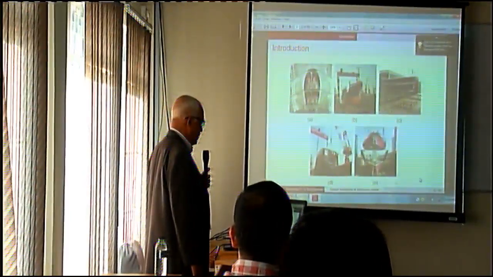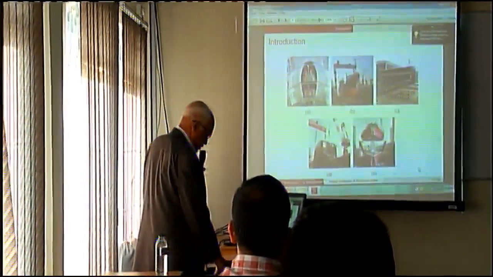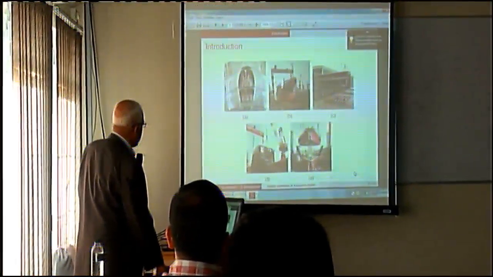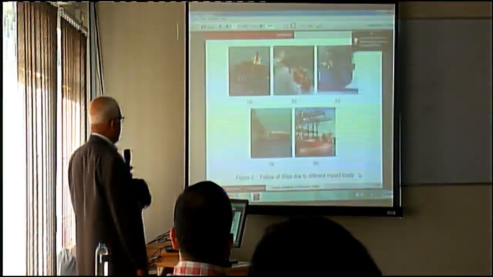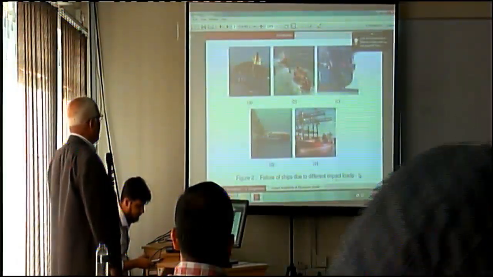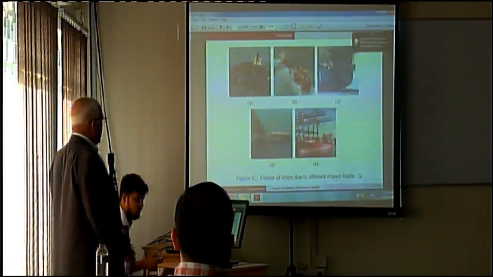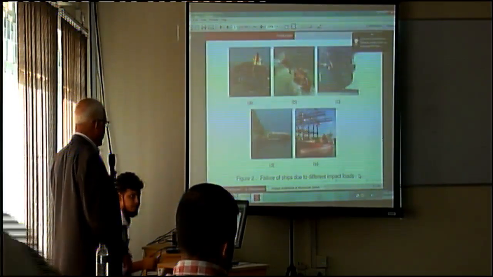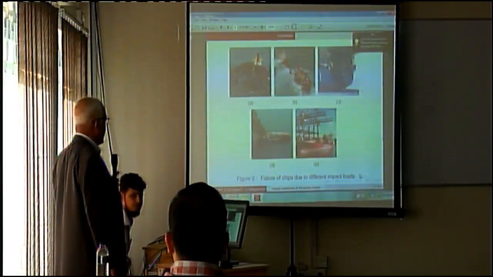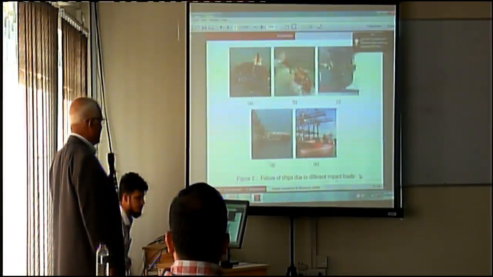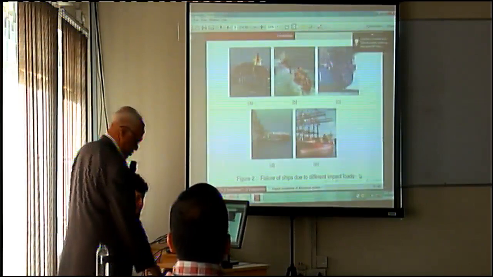You can see various structures shown here, such as the superstructure or deck structure. In view of impact loads or attacks, we should be very careful. Whatever structure we take, it should withstand such impact loads.